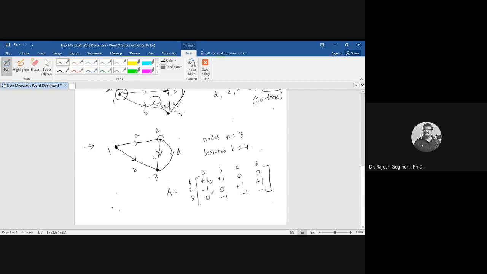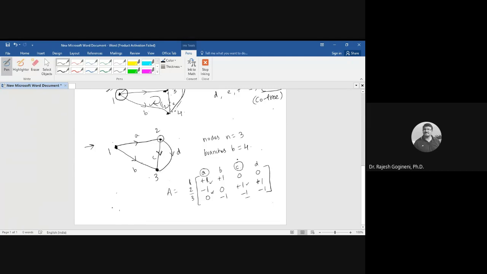So what does this indicate? Each column is related to a branch. That means a branch should start from one node and end on another node. In a directed graph, it starts from one node and ends on another node, and the direction is given. If you take any random branch, let us take C: C has +1 at node 2, meaning it is leaving from node 2, and -1 at node 3, approaching towards node 3.